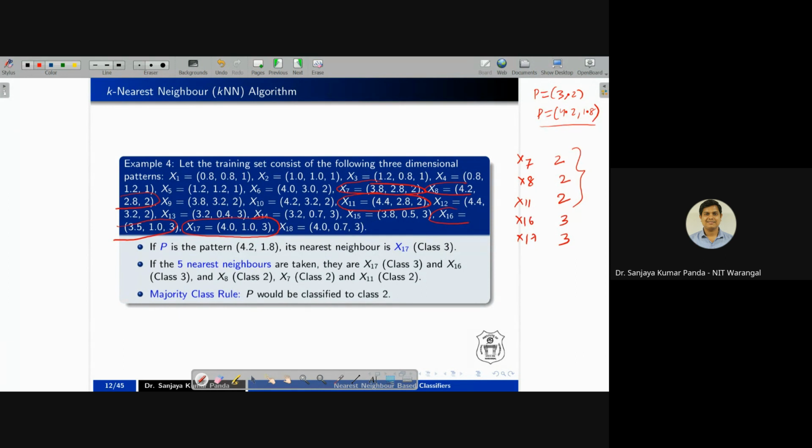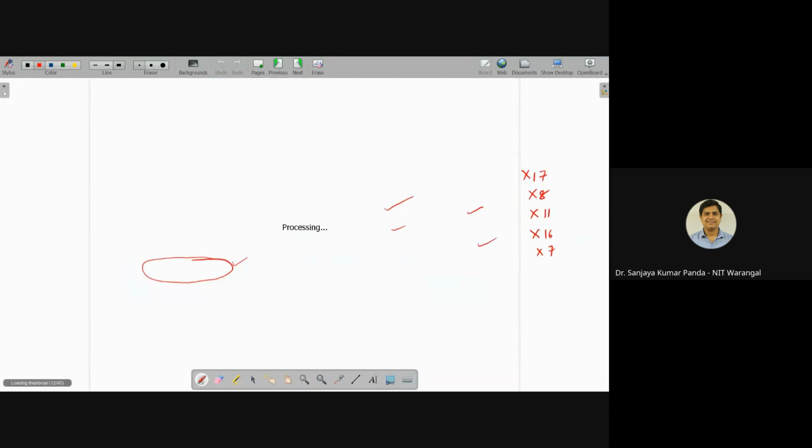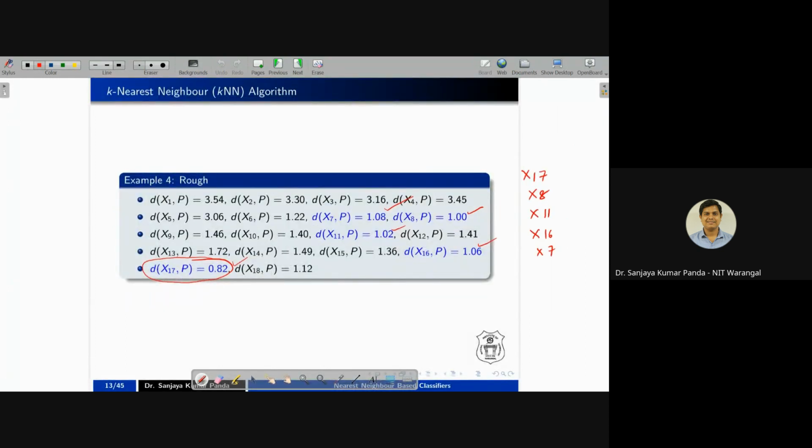The nearest k neighbors, based upon that we can determine which class it should belong to, right? But when you take the five different calculations, the lowest distance you are getting in the case of X17, the highest distance you are getting in the case of X7. But the importance of X17 and X7 is the same, right?